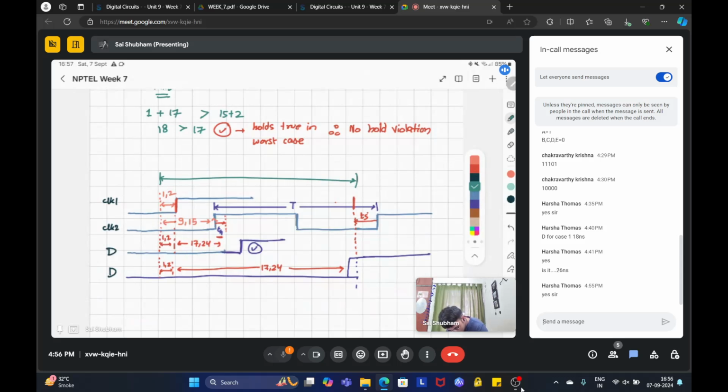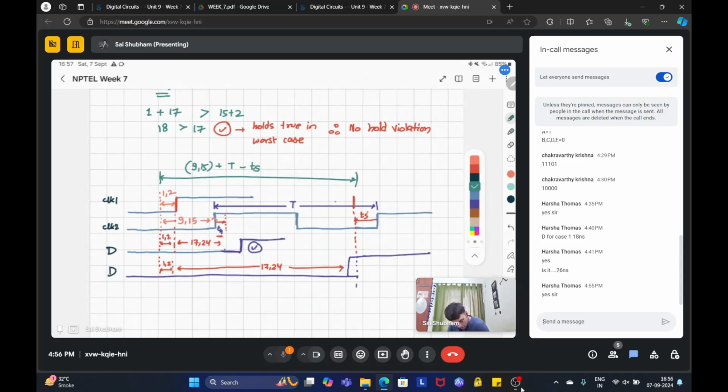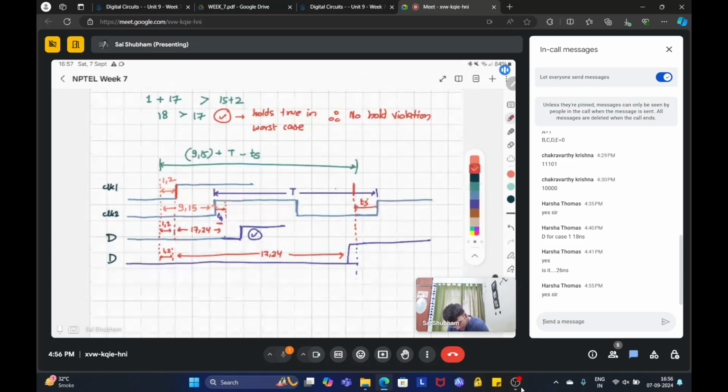We actually do not need 1 comma 2; this is 9 comma 15 plus time period minus T setup. This is the green part. Now the data part is 1 comma 2 plus 17 comma 24. This should always be less than the green part, then there is no violation.